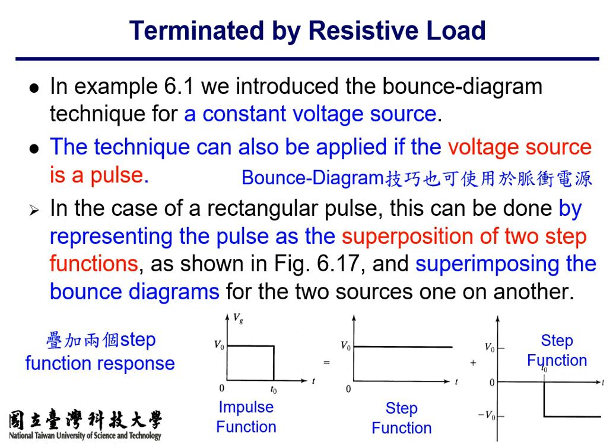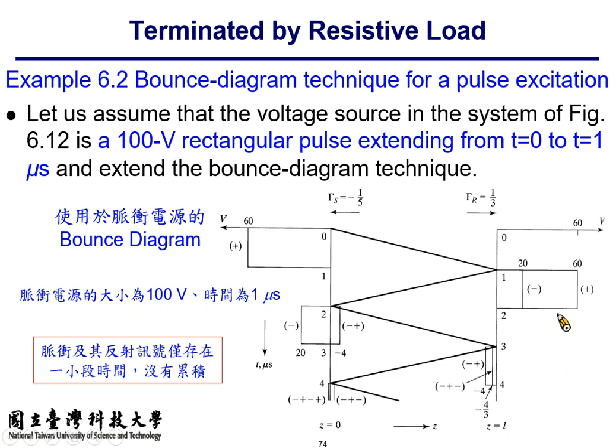You stack two step functions together, and it forms a signal between 0 and t0 with magnitude V0. So in example 6.2, you can redo the bouncing diagram for the same circuit. However, the 100-volt signal only appears between t equal to 0 and t equal to 1 microsecond.